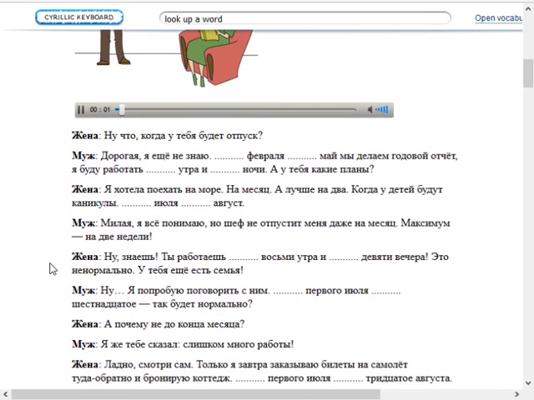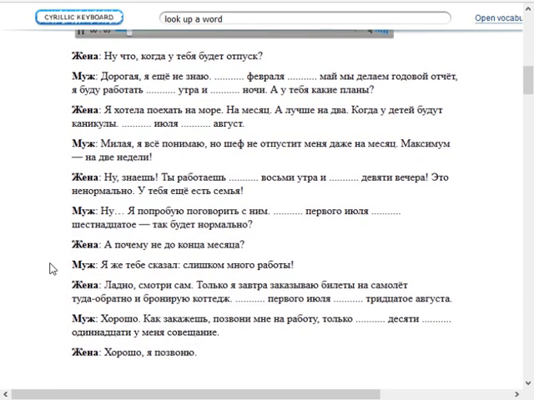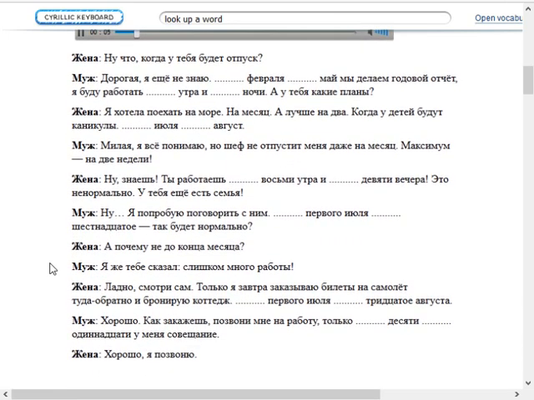Ну что, когда у тебя будет отпуск? Дорогая, я еще не знаю. С февраля по май мы делаем годовой отчет, я буду работать с утра и до ночи, а у тебя какие планы? Я хотела поехать на море. На месяц. А лучше на 2. Когда у детей будут каникулы. С июля по август. Милая, я все понимаю, но шеф не отпустит меня даже на месяц, максимум на 2 недели. Ну, знаешь, ты работаешь с 8 утра и до 9 вечера. Это ненормально.